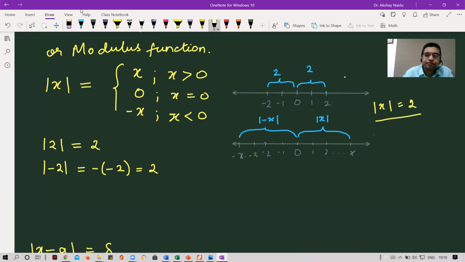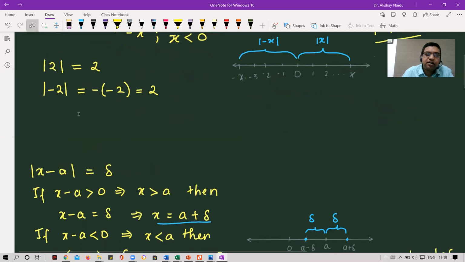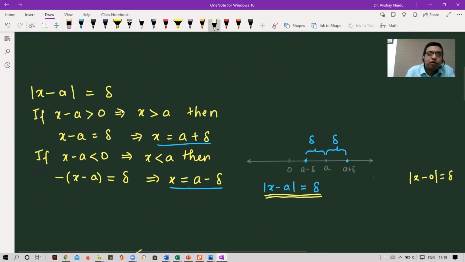Mod x means that. Now let us look at this. Mod of x minus a equal to delta, where delta is a small quantity. If the expression within the modulus is positive, x minus a greater than 0 implies x greater than a.